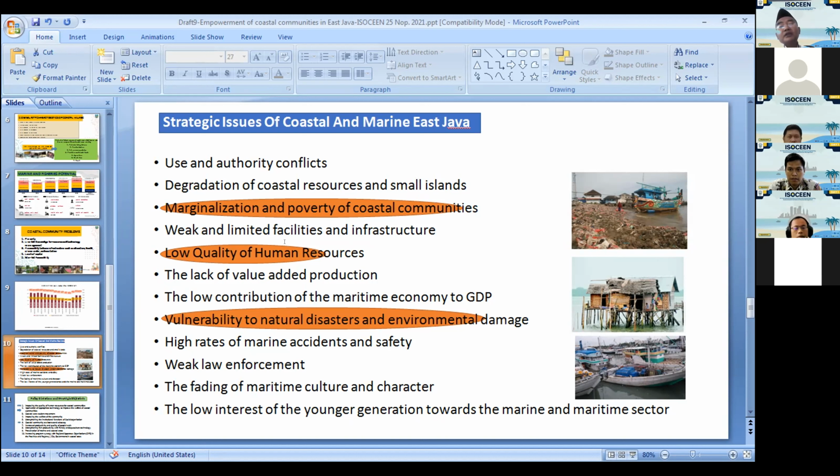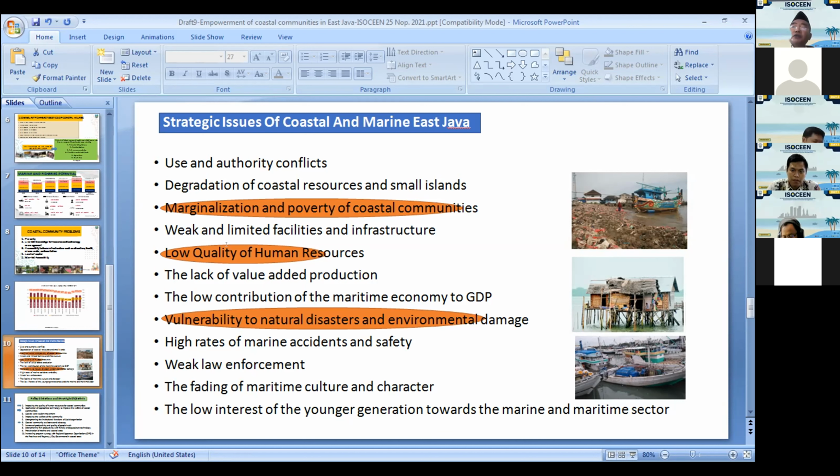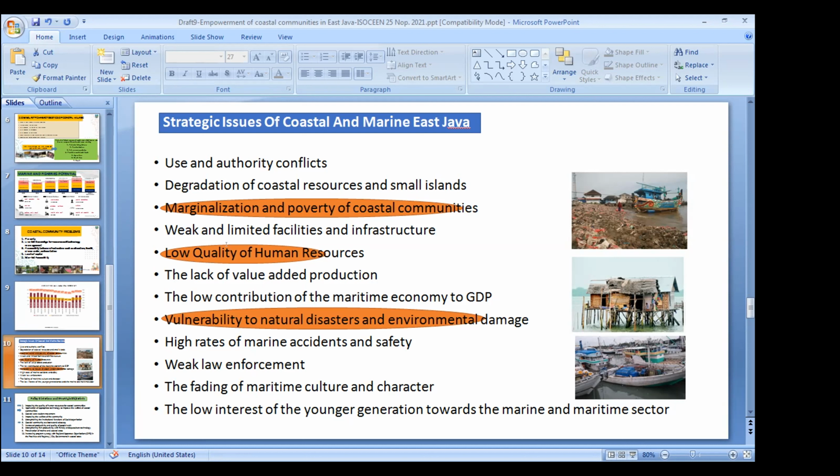Weak and limited facilities and infrastructure, and low quality of human resources. From low basic education, automatically we have low quality of human resources. Right? So it is very rare for local people to study after high school and go to university.